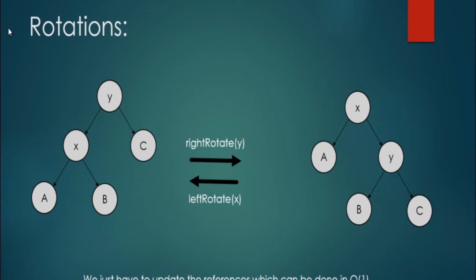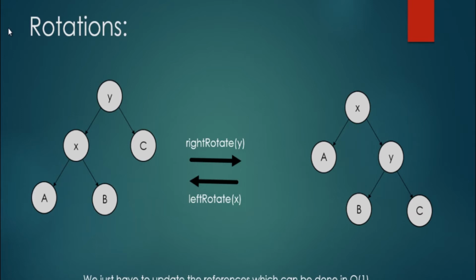And if you see, the in-order traversal is the same, so the rotation doesn't change any property of the tree. For example, the in-order traversal of the left tree is A, X, B, Y, C. The in-order traversal after the rotation on the right tree is A, X, B, Y, C. So it is the same.